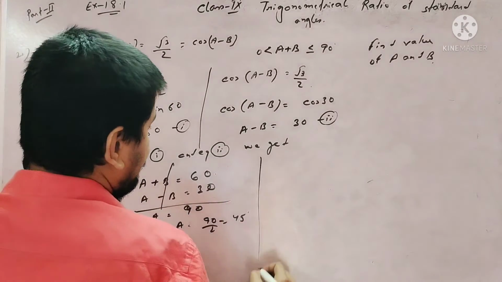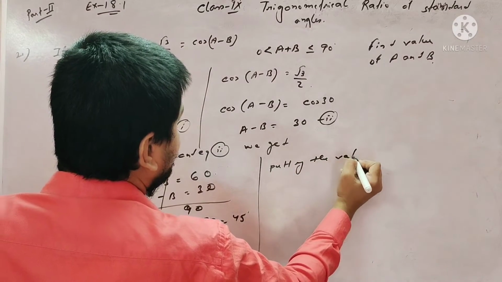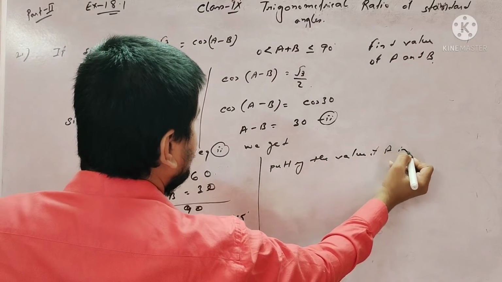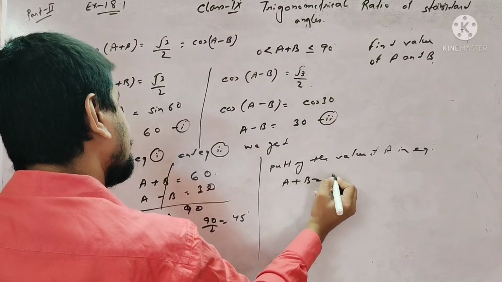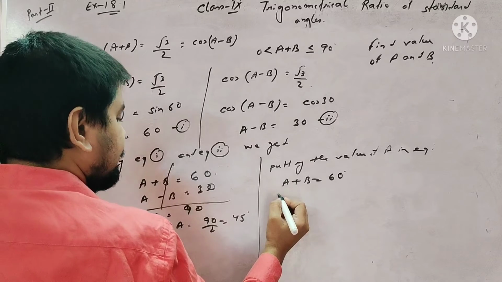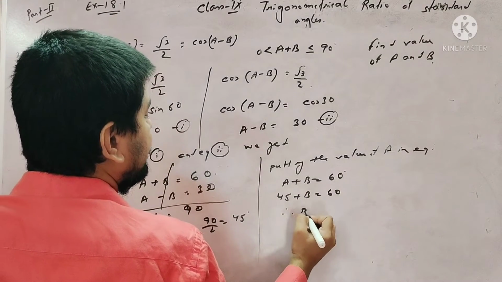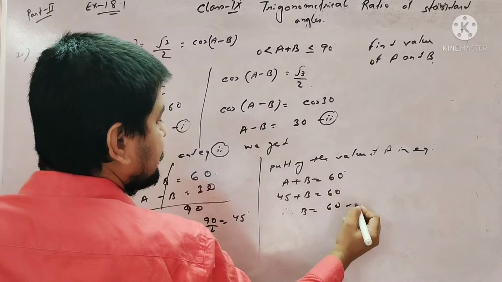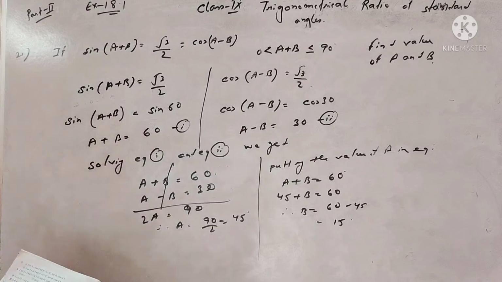Okay, putting the value of a in equation 1. So a plus b equals 60 is our equation 1. In place of a we write down 45, b equals 60 degree. This 45 going this side, that means subtract, b equals 15. So the value of a is 45 and b is 15. Okay, note.